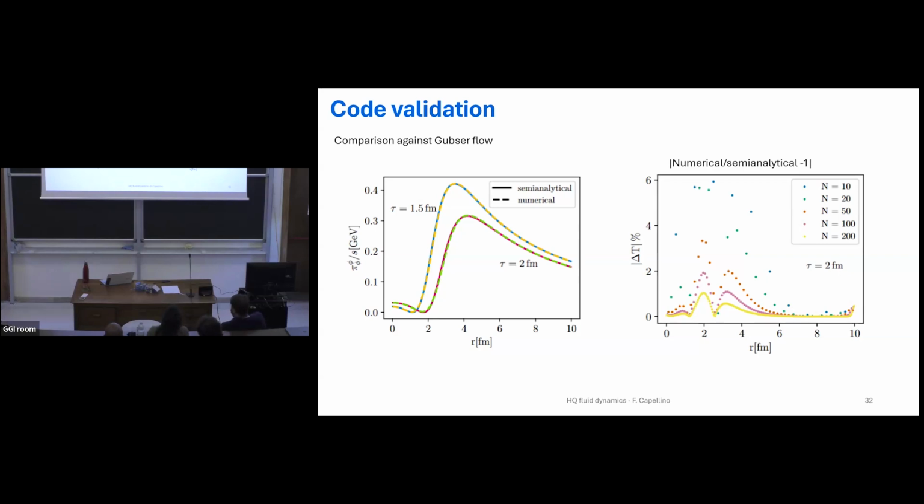Actually, what we saw is that the numerical viscosity modifies the dissipation of the system. So when going further in the time direction, you will see more and more deviations, especially where the viscous corrections are very large. And on the right plot, we evaluated the absolute difference between the numerical and analytical solution. You can see, as expected, that the more points you have in your grid, so the smaller the lattice spacing, the better the two solutions agree.